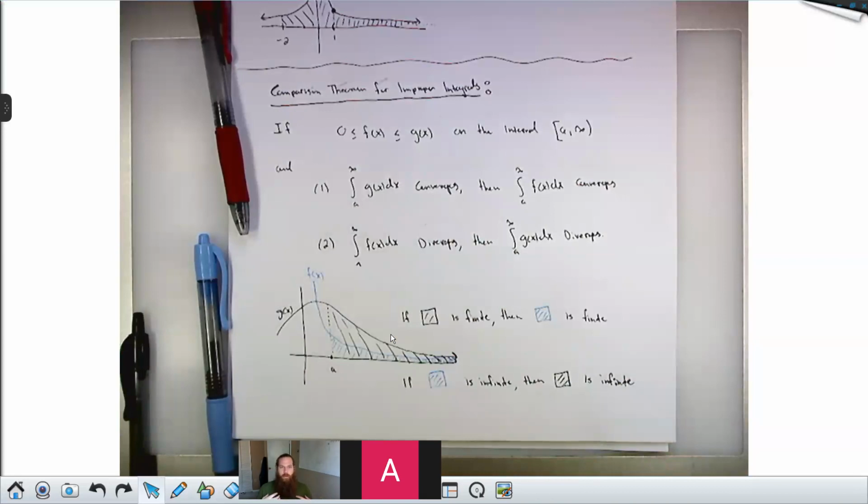So if you fit in a finite box, you've got to be finite. And also, if an infinite box fits inside you, then you have to be infinite. Or you can think of it as, if the integral of the bigger guy converges, then the integral of the smaller guy converges. And if the integral of the smaller guy diverges, then the integral of the bigger guy must diverge.